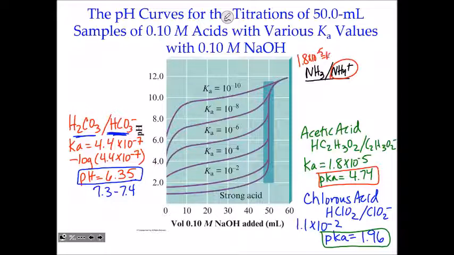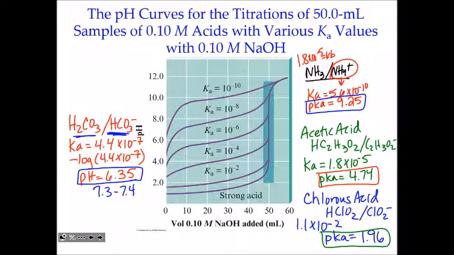Then you would find the Ka of ammonium, which ends up being 5.6 times 10 to the minus 10. This is the one you would take the pKa of, and you would notice it's 9.25. So this would be a good one to use if you were going to buffer around a 9, or if that's what was needed for the experiment or the particular solution being created.